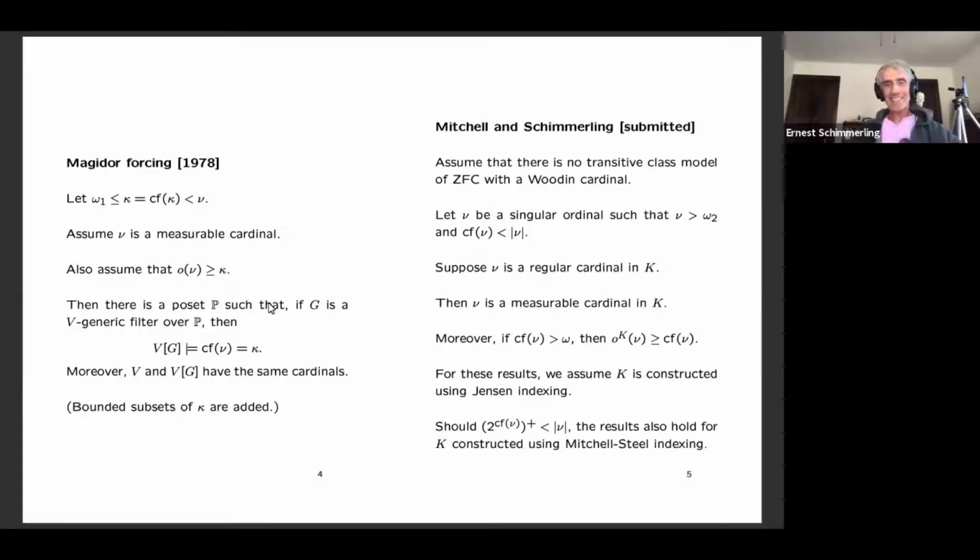I might say this again later, but this provides companion results for both the Prikry and Magidor results.